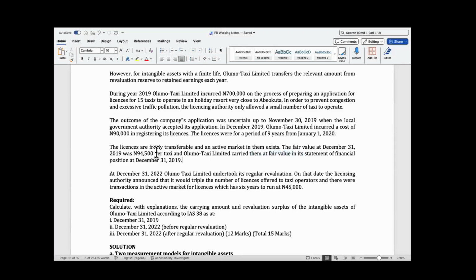A lot of you didn't see this per taxi. You just treated this 94,500 as the total and worked with that. So ordinarily, the fair value of this license as at December 31st, 2019 is actually 94,500 multiplied by 15. Whatever you get, that's the fair value. The carrying amount is 90,000 as at the same date.